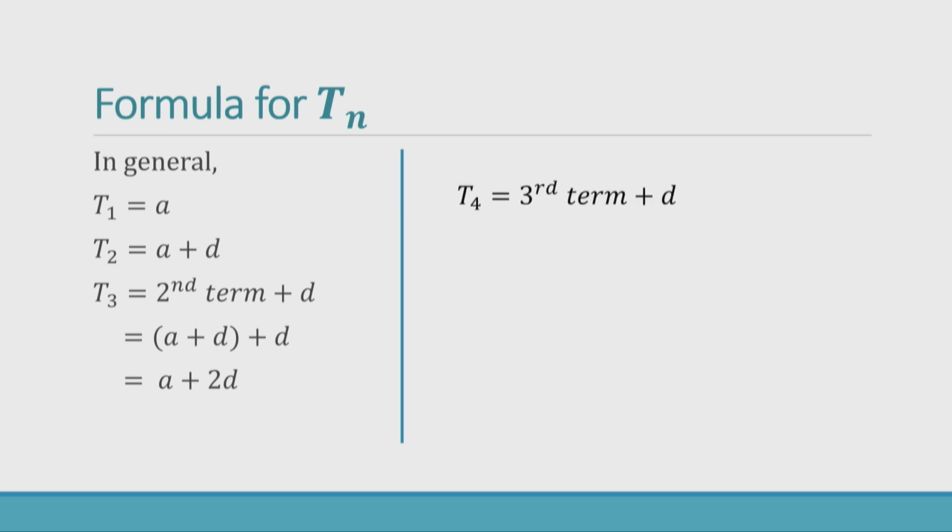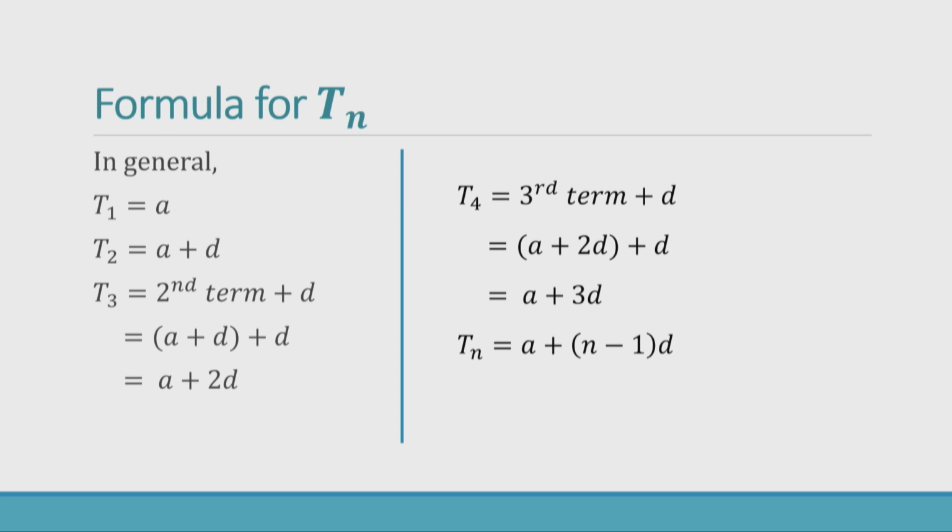Similarly, the fourth term will be the third term plus D, that is A plus 2D plus D, which will give us A plus 3D. So in general, the formula for Tn will be A plus (n minus 1) times D.